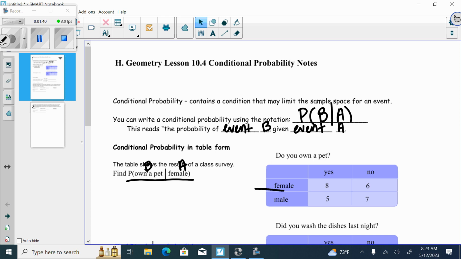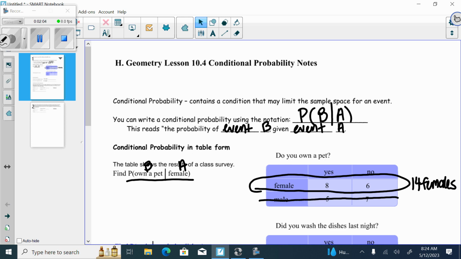So that would be this sample right here, right? All of those are female. So how many females do we have? 14. Okay? So we are limiting ourselves to the fact that there are 14 females for our group. So I don't care about the males.